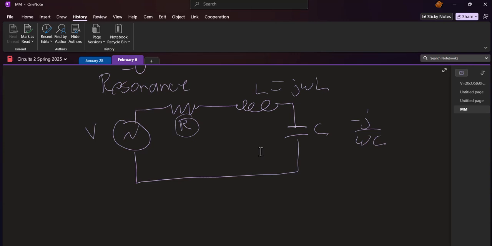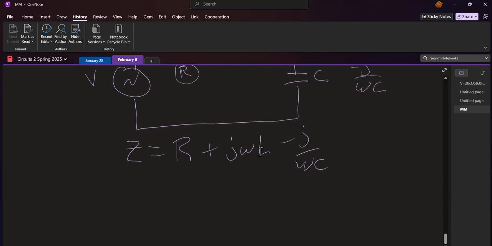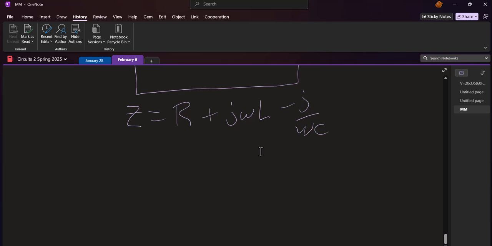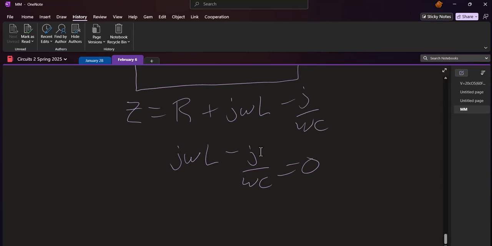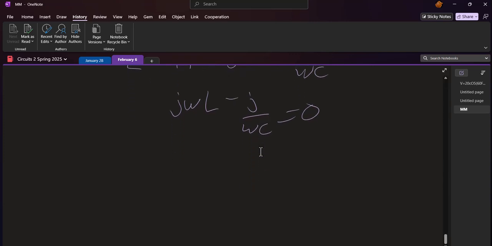The real part of the impedance is not going to affect what my resonant frequency is going to be, because the real part is not the part that's at issue. The part that's at issue is this imaginary part. I want the imaginary part to equal 0. So I have j omega L minus j over omega C equals 0, or j omega L equals j over omega C.